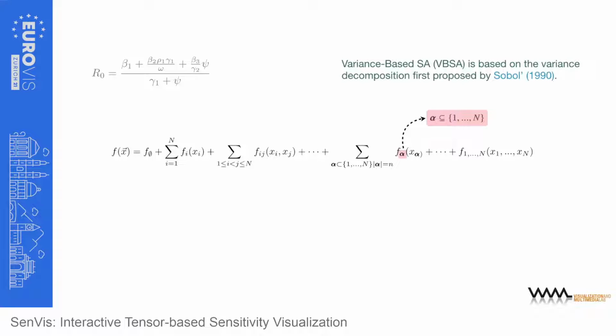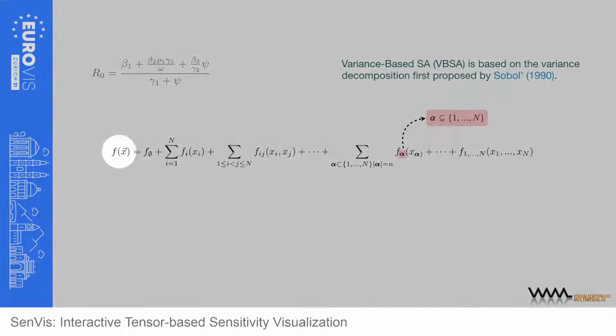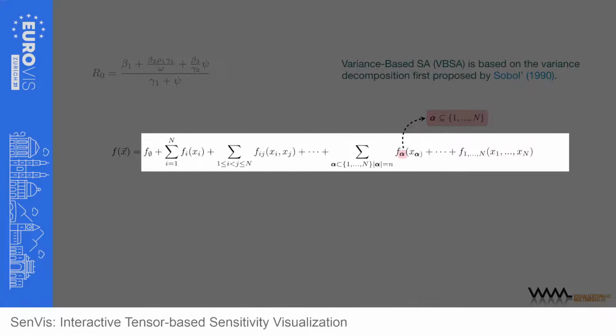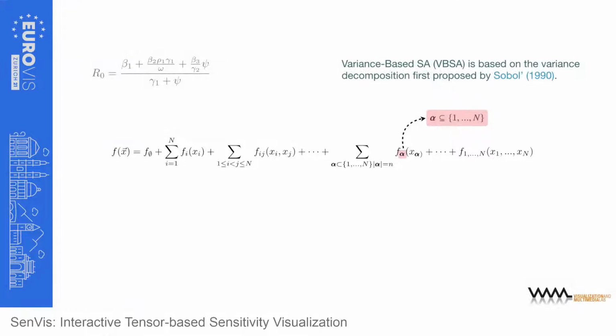It decomposes a square-integrable multidimensional function f into a sum of subfunctions. Each subfunction f_alpha only depends on a different subset of the n input variables contained in alpha.